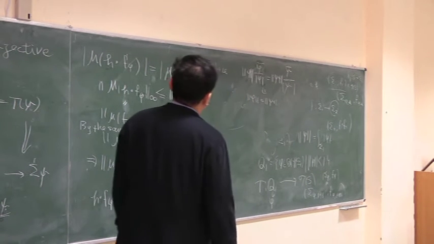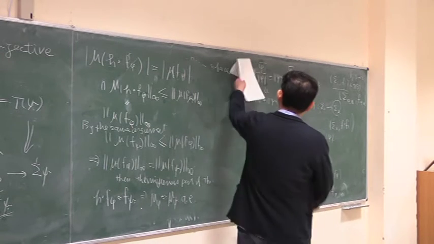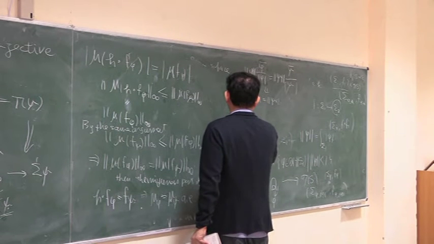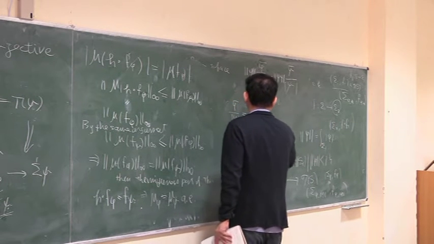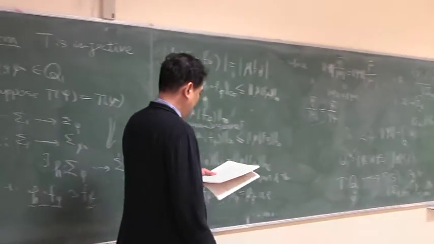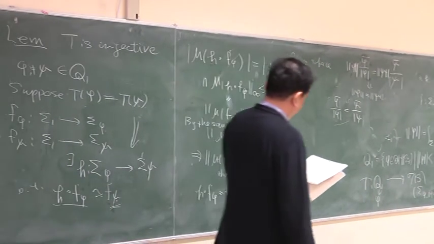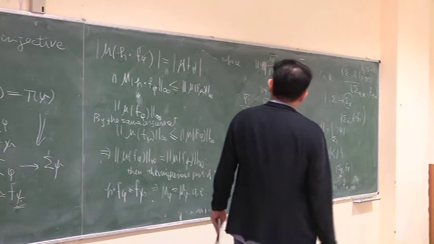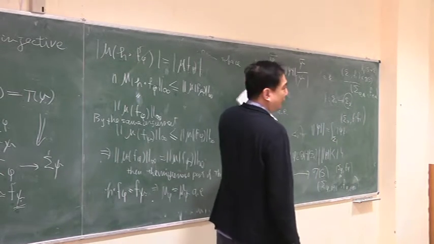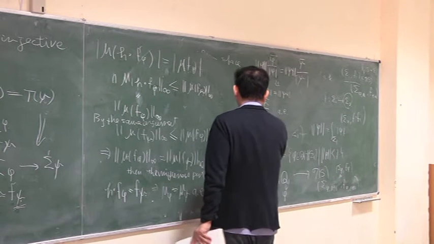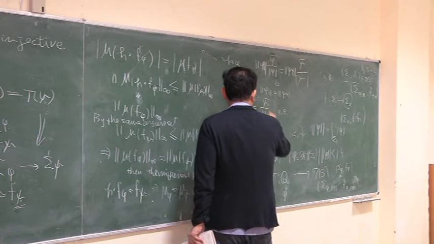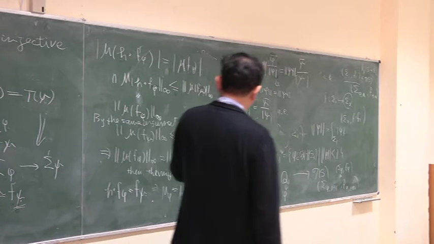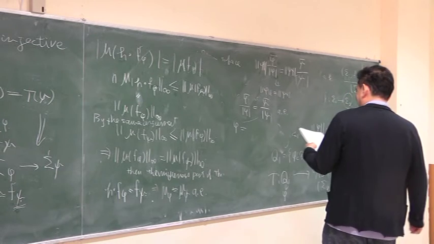Okay? Right? Then you can divide these two by this norm. Then what you get is this is equal to this one, almost everywhere. So taking the complex conjugate, this implies phi should be some constant times psi.